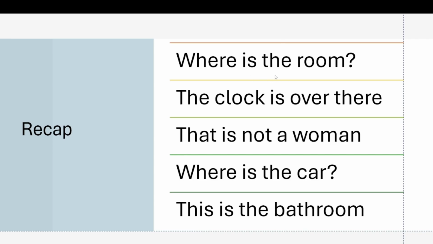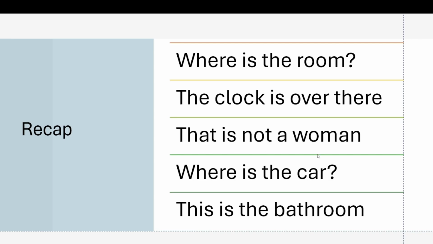You don't need to rack your brains. Где комната? You got it. Where? Room. Где комната? Where's the room? All right, the clock is over there. The, we know that doesn't exist, and is doesn't exist. So we put in часы там. Or you could also say там часы. All right, cool. Молодец. Good job.